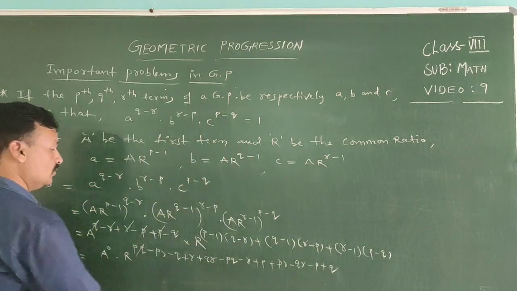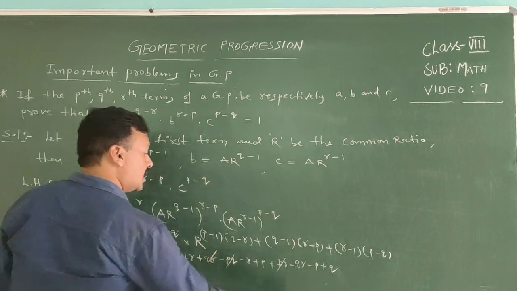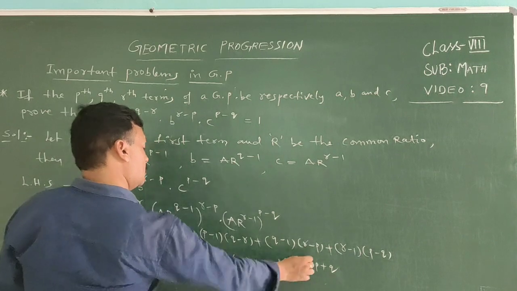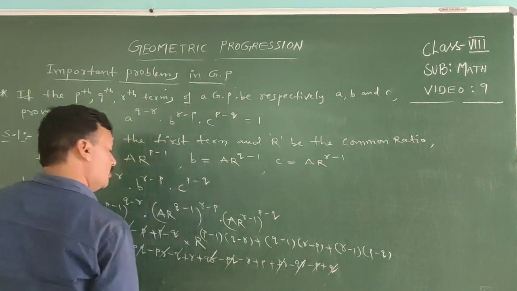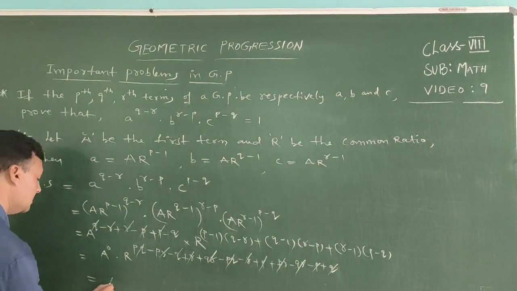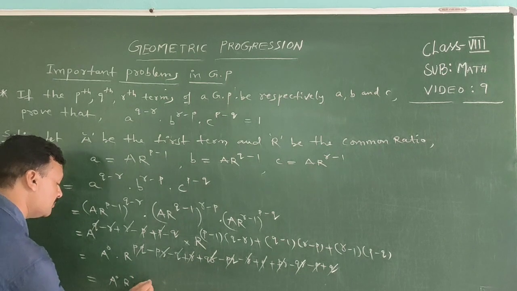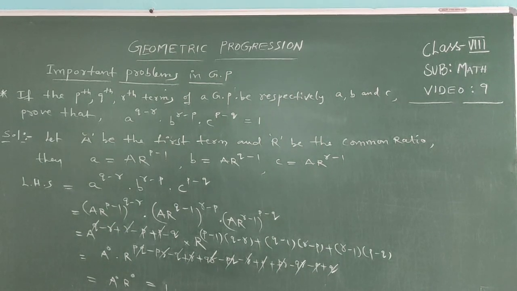Here pq, pr, qr get cancelled; q minus q, p minus p, r minus r get cancelled. Here a power 0, r power 0 equal to 1.